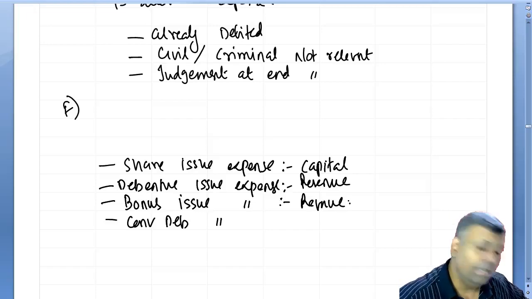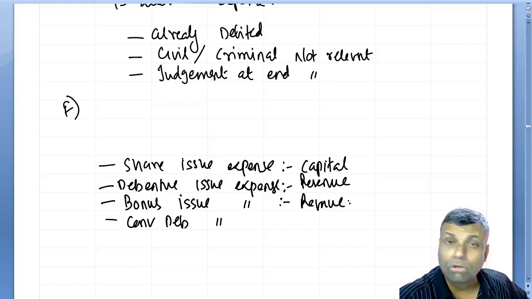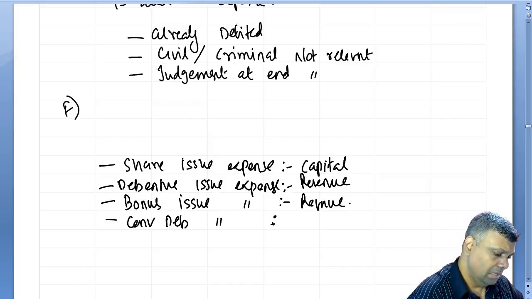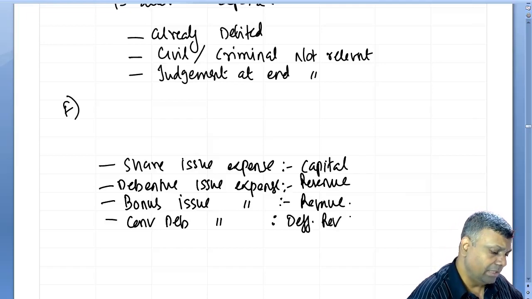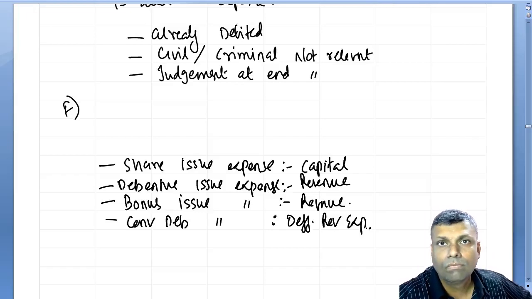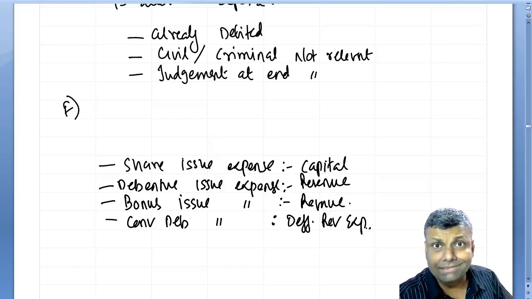When it comes to the convertible debentures, courts have again taken different divergent views. But the most popular view, they have also called it a deferred revenue expenditure. Some courts have also taken the view that today you are issuing a debenture, so it will be like a revenue expenditure.